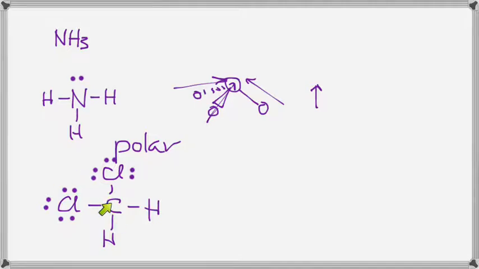You can draw it symmetrically in the Lewis structure. If I put this chlorine down here and put the hydrogen over there, you can make it look symmetrical. But it isn't because it's three-dimensional. So this one is also polar. It doesn't have lone pairs on the central atom, but the atoms bonded to the central atom are not all of the same element.